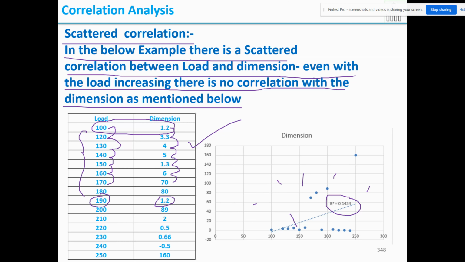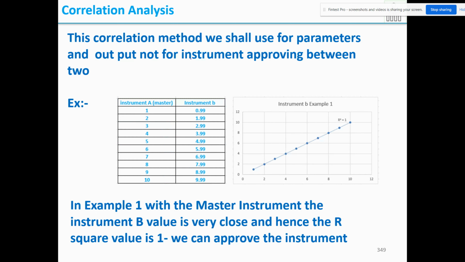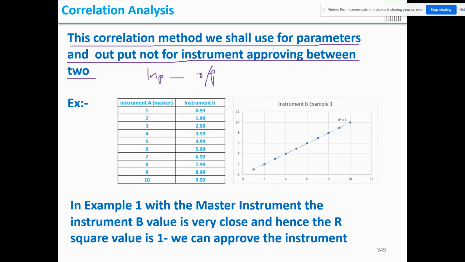So this is a scattered correlation. This correlation method we shall use for parameters and output, to see how input is affecting the output, not for instrument approving between two instruments. We cannot use it for instrument correlation.